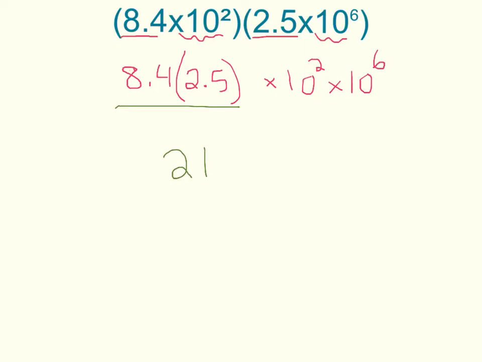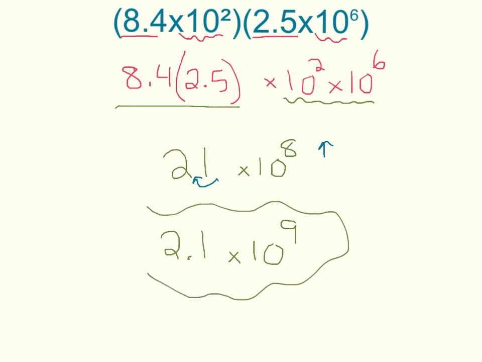And then here, multiplying powers with the same base, add my exponents, so it's times 10 to the power of 8. Now I just have to change to proper scientific notation, so 21 changes to 2.1. And if it decreases by 1 decimal place, my exponent must increase. So times 10 to the power of 9. I would say that is pretty easy peasy lemon squeezy.